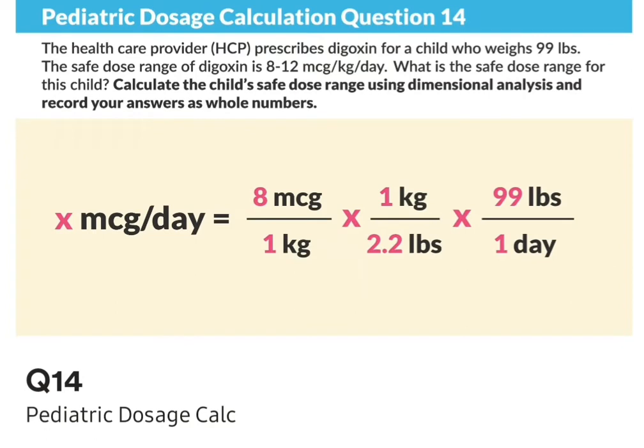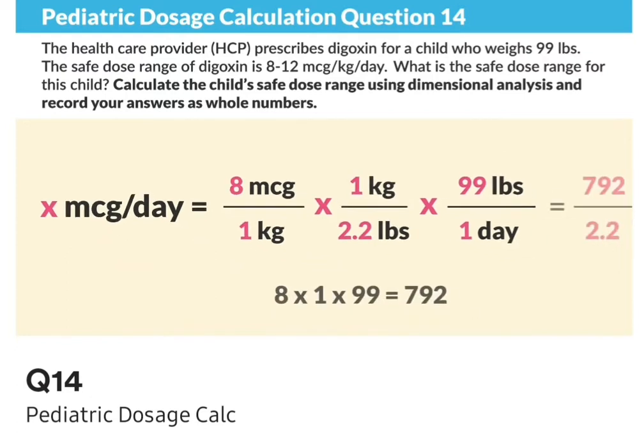So we have X micrograms per day. So let's take that first number, 8 to 12. So we're taking 8 and plugging it in as our first number. So 8 micrograms over 1 kilogram. And then we're converting pounds to kilograms. So we have 1 kilogram over 2.2 pounds. And our last thing is plugging in the child's weight, 99 pounds over that 1 for 1 dose.